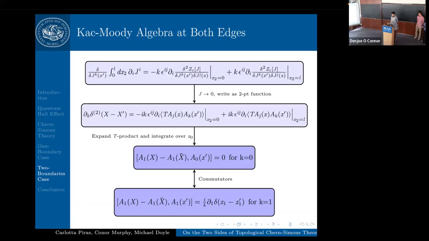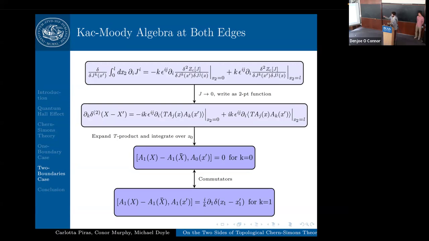And then if we set the open index k to 0 and 1, we have two commutators. And here we notice that on the right side, we have the free variable, which is not yet set to either boundary. That's the x prime.